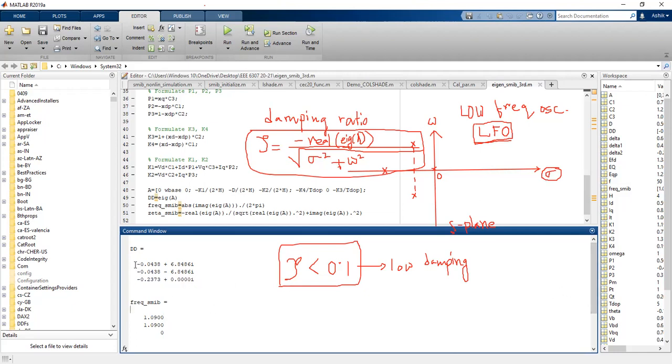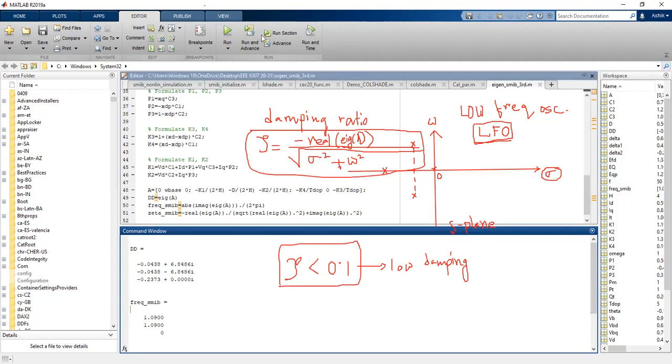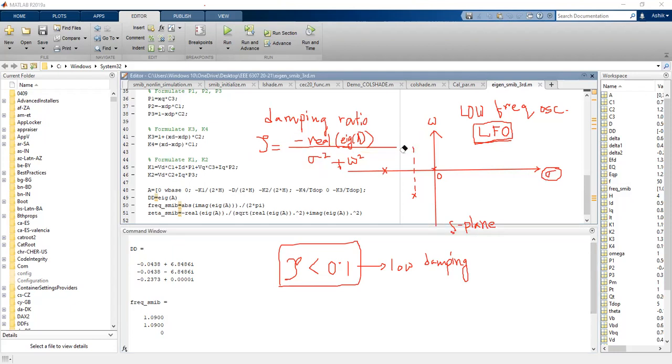But we are interested in the dominant eigenvalues actually. By dominant eigenvalue, we mean the eigenvalues which are closer to the y-axis, the imaginary axis. So that would govern the dynamics of the system compared to this one, which is far from the y-axis.